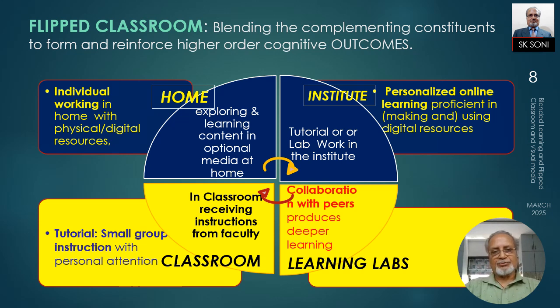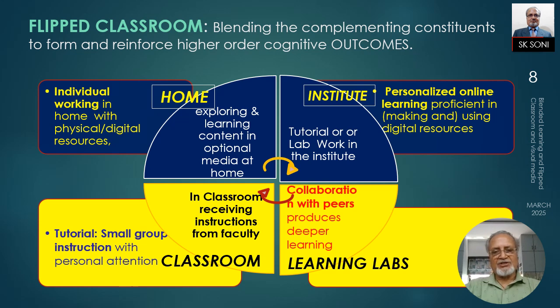And in the institute, when the students are working in small groups, personalized online learning, proficiency in making and using digital resources can be practiced. So students are benefited by reinforcement in the institute.